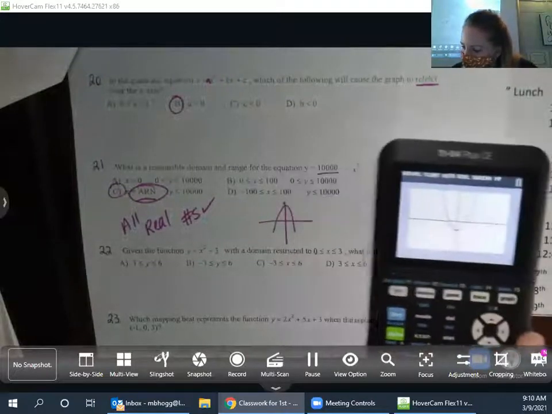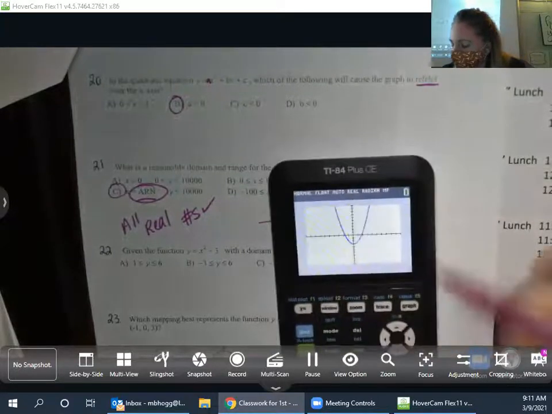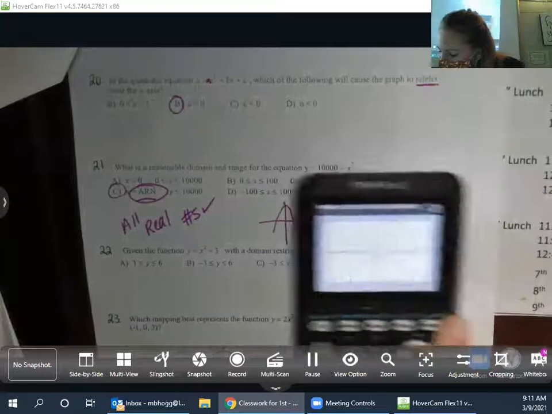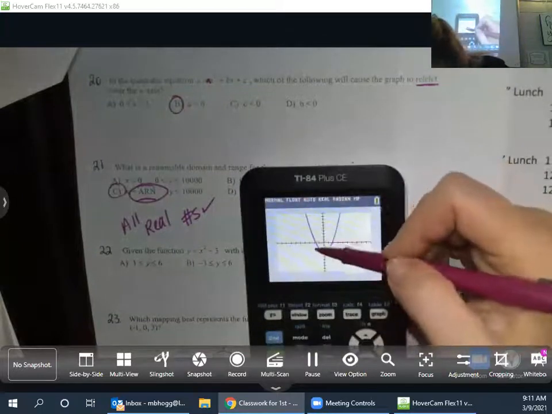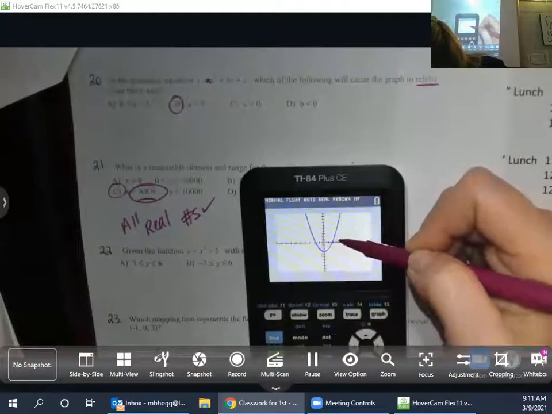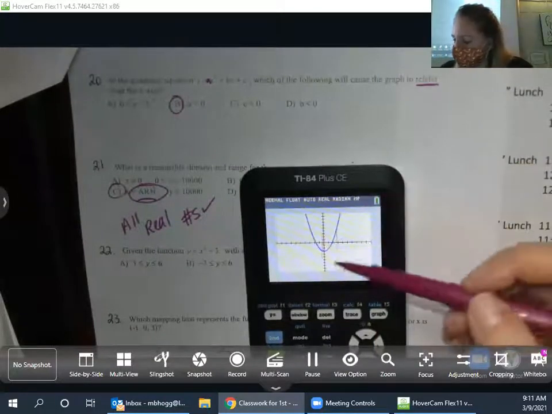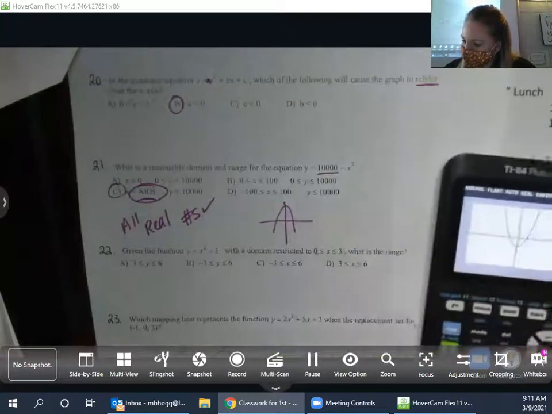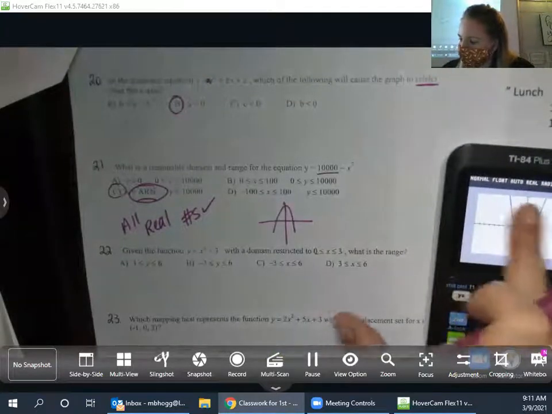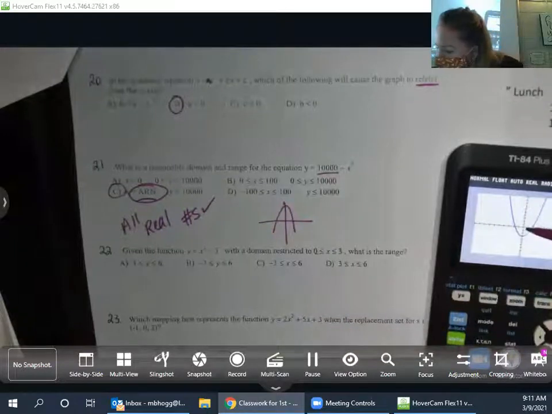Okay, so they're restricting the domain. So it's not all real numbers. They just want to know from 0 to 3, just that set. So from 0 to 3. Okay, it's from here to here. What is the domain? That's Y. No, that's X's. Okay, from here to here.